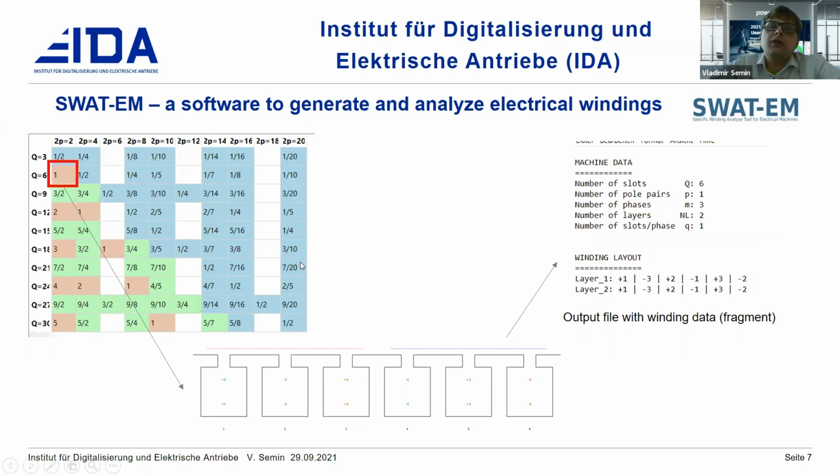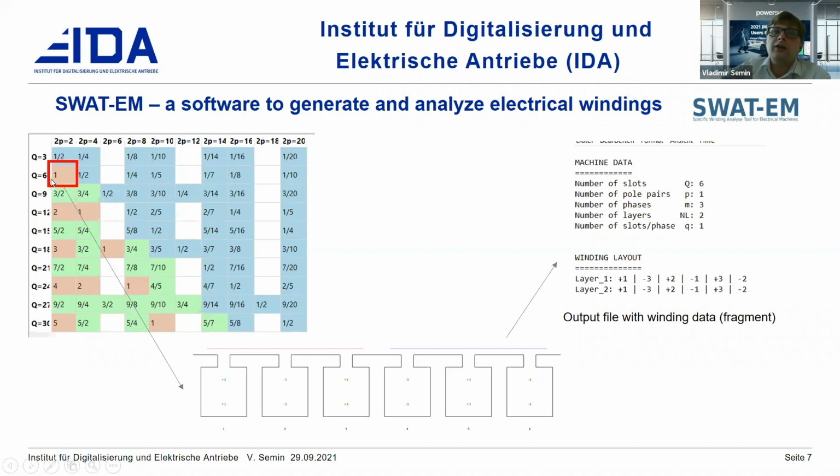This software can generate such a table with different winding configurations. Here at the top one can see the pole number, and to the left is the slot number.